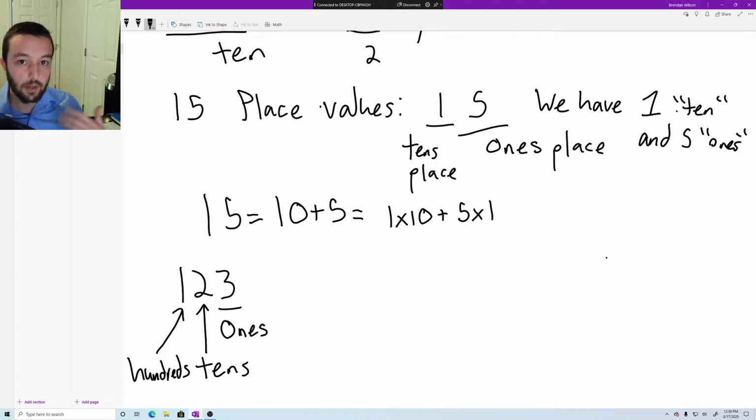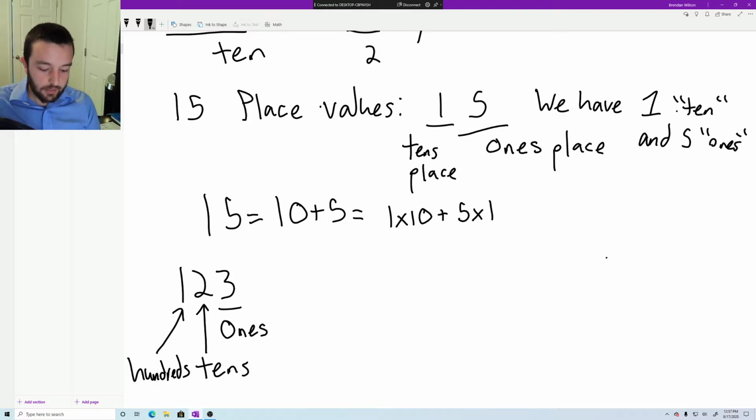And then so on, we go to the 10,000s place, the 100,000s place, the millions place, and so forth. So we always start from right to left with ones, tens, hundreds, thousands, 10,000s, 100,000s, millions, 10 millions, 100 millions, billions, etc.